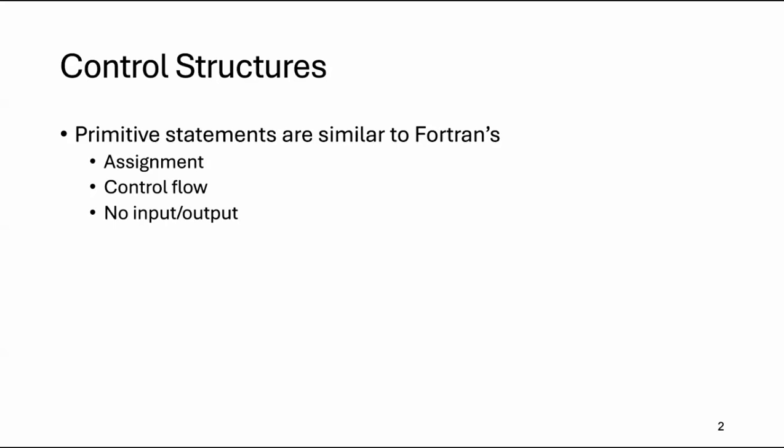But the others, like assignments, if conditions, for loops, or go-to statements, were very similar to the behavior of Fortran. But Algol also added more constructs that were not present in Fortran, and we'll talk about each one of them specifically.